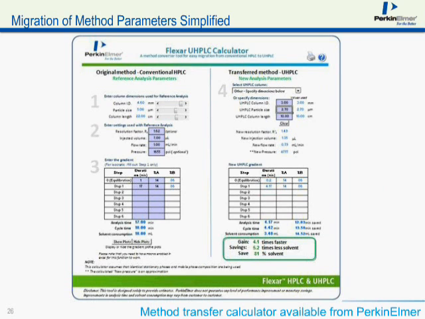The nice thing about this spreadsheet is on the left, you can put in your current column dimensions, your flow rate, your resolution, and your injection volume. On the right, you put in the dimensions of your new SPP column, and it'll automatically calculate the flow rate, the injection volume, and if you're doing a gradient, it will calculate the gradient. It'll also give you an estimate of the savings in terms of mobile phase and time.